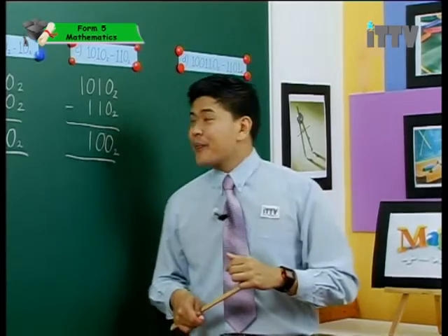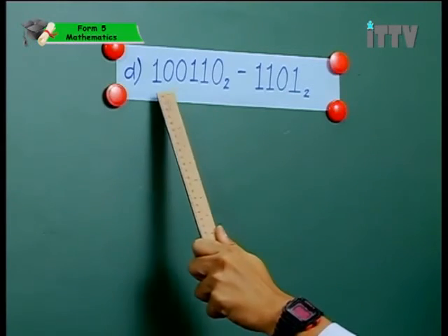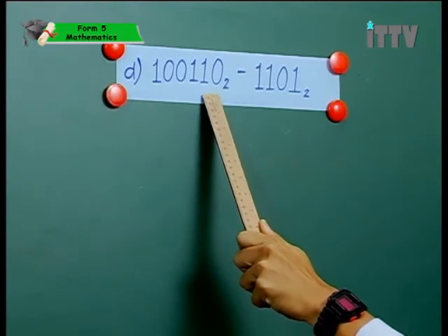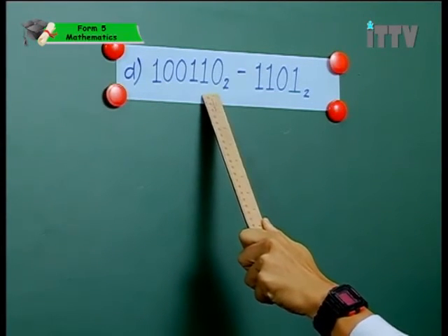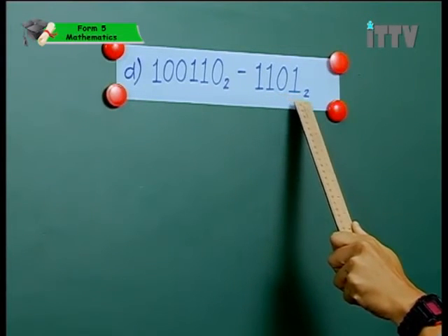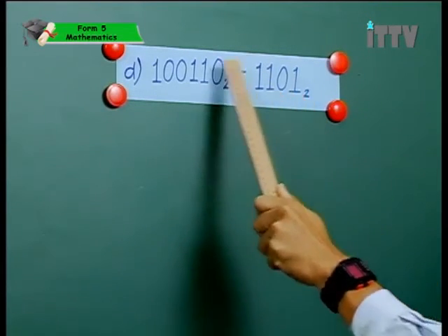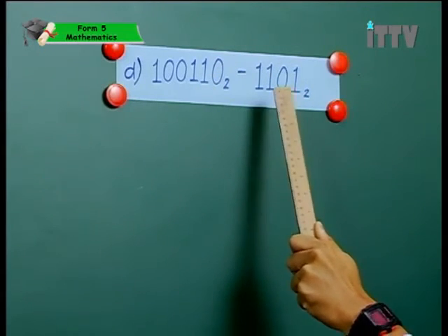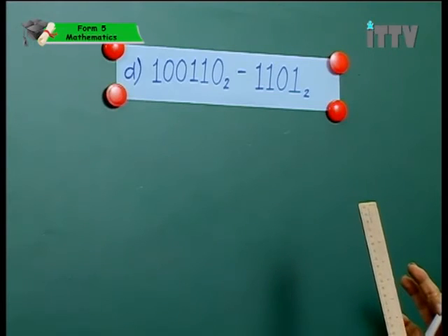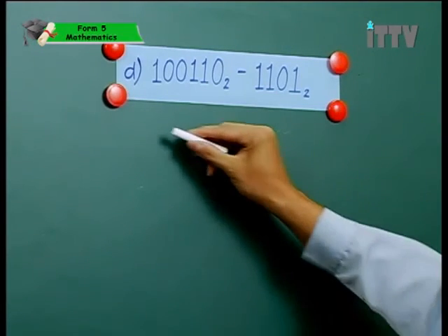And finally, what is the value of 1, 0, 0, 1, 1, 0 in base 2 minus 1, 1, 0, 1 in base 2? This is a subtraction of two numbers in base 2. So now let's take a look at how we get the result.